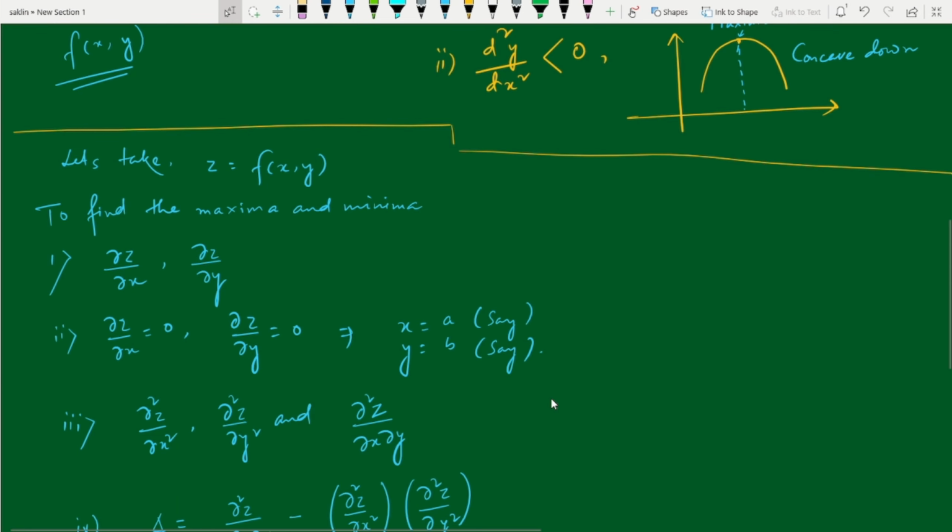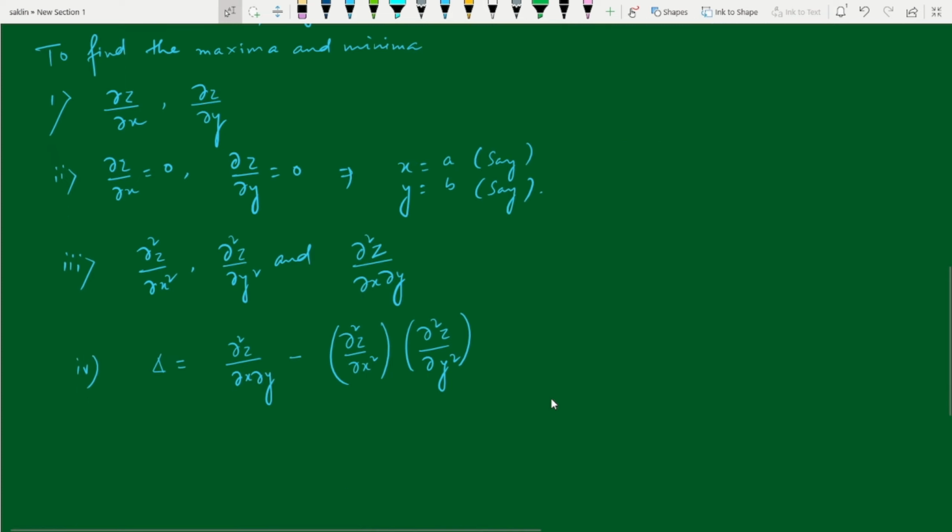Here, similarly, we take a function of two variables x and y, and to find the maxima and minima, the first step is the first derivative. We have to find the first derivative of z with respect to x and the first derivative of z with respect to y.